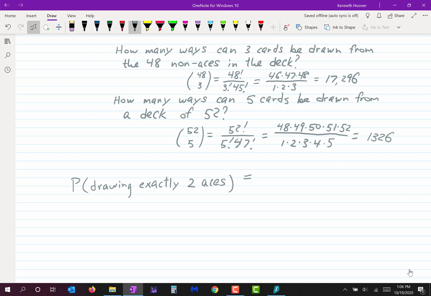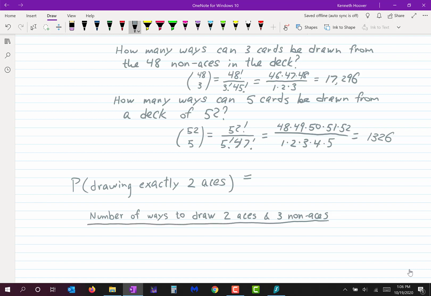You don't have to remember it. It equals the number of ways to draw 2 aces and 3 non-aces divided by the number of ways to draw 5 cards.